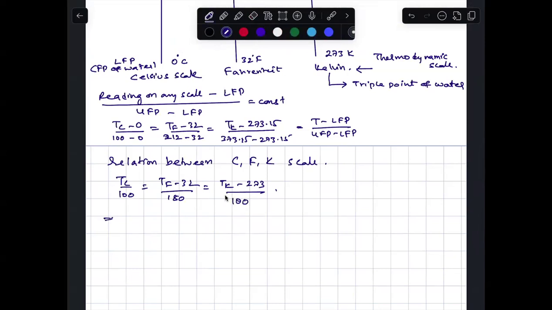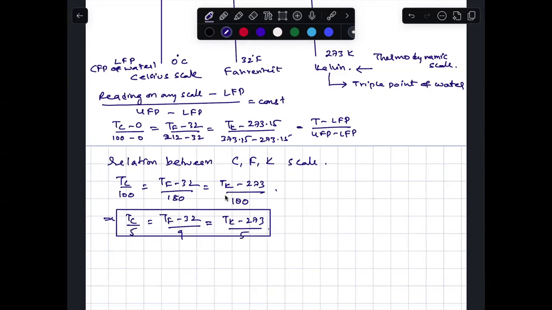Or in other words, Tc by 5 is equal to Tf minus 32 by 9, correct? That's the deal.